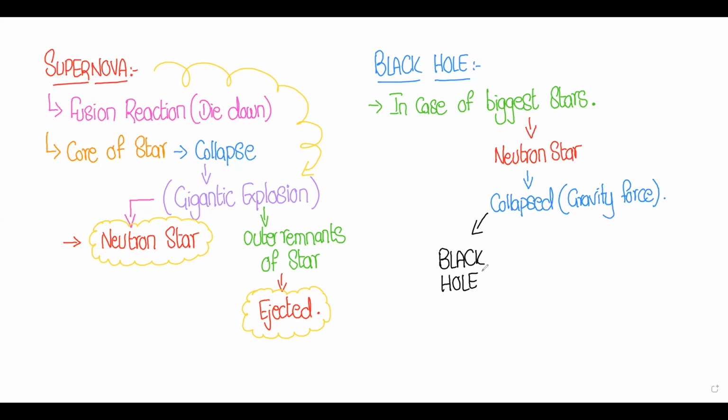And if we talk about the black hole, black hole is an extremely dense point. It is an extremely dense part. And it is so dense that, as we studied in the start, there is thermal energy plus light energy.